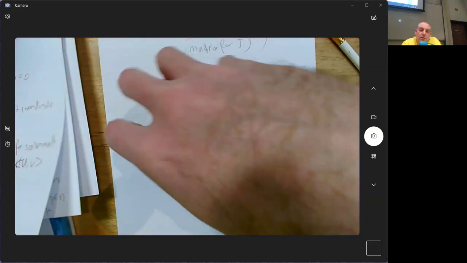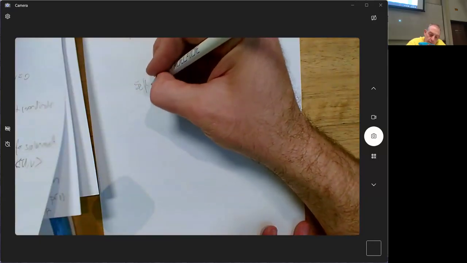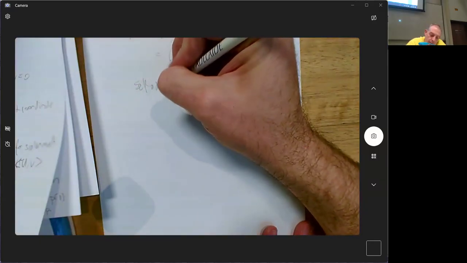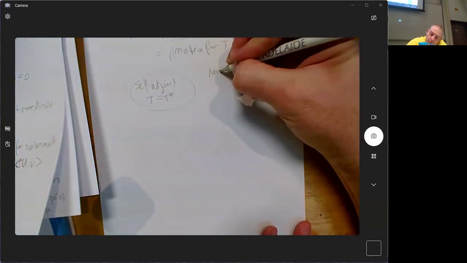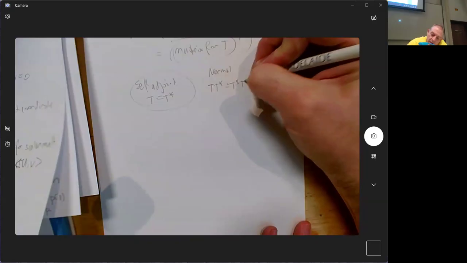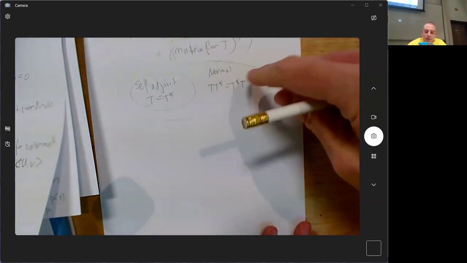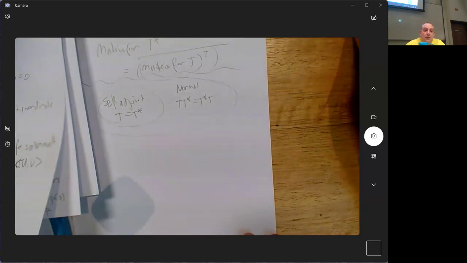So self-adjoint is inside normal, and normal, which is that T star T equals T T star, that idea there. They're inside each other.